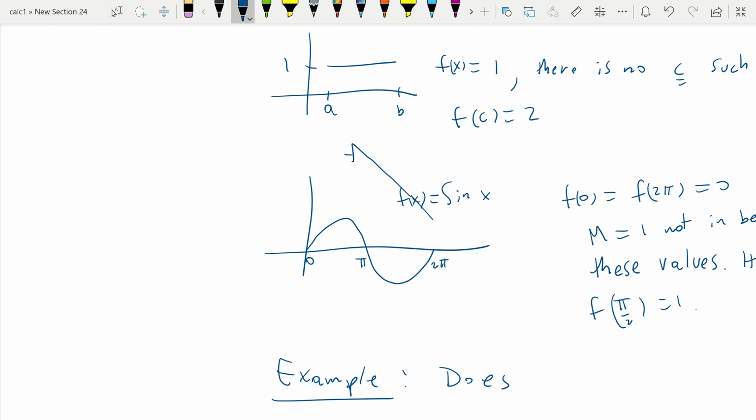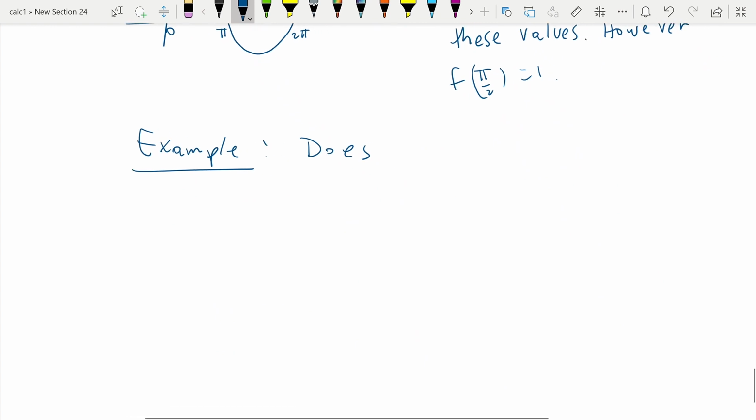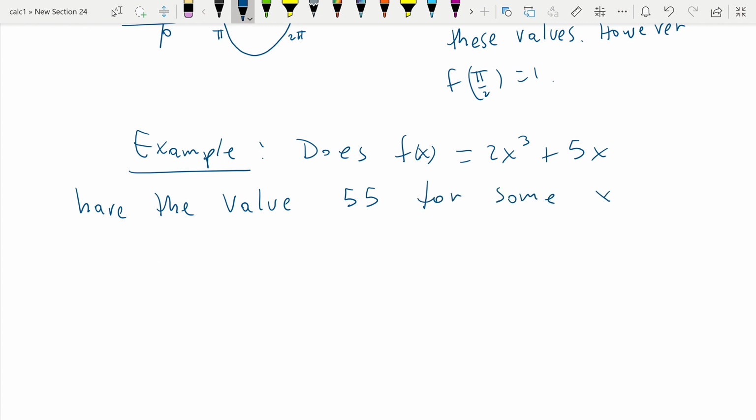Does f of x equals 2x cubed plus 5x have the value 55 for some x in [1, 3]?